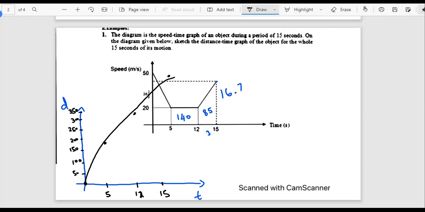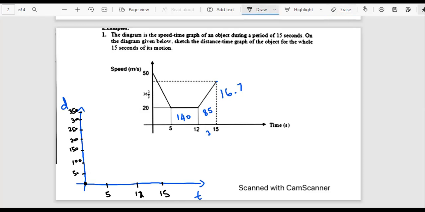Wait, at 12 seconds, did you have to add up the 0 to 5 distance and 5 to 12 distance? Say it again.